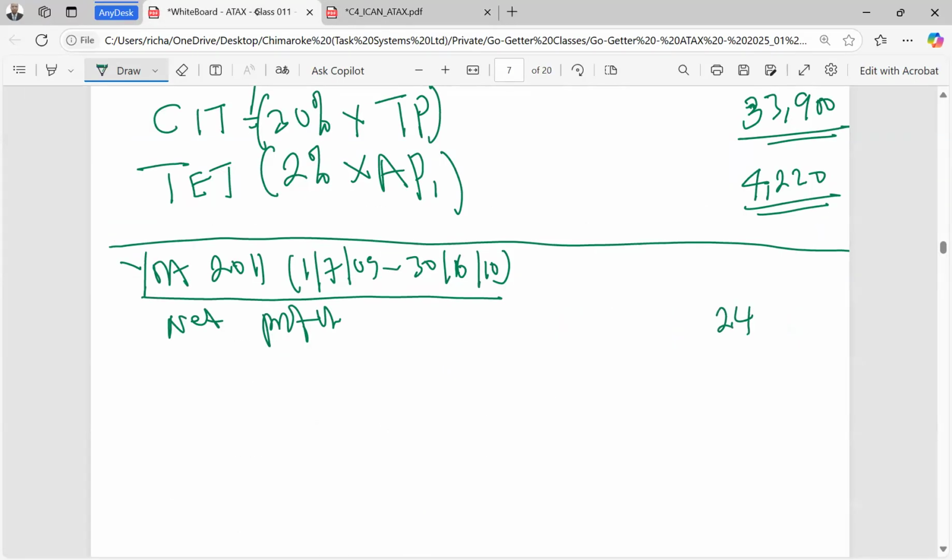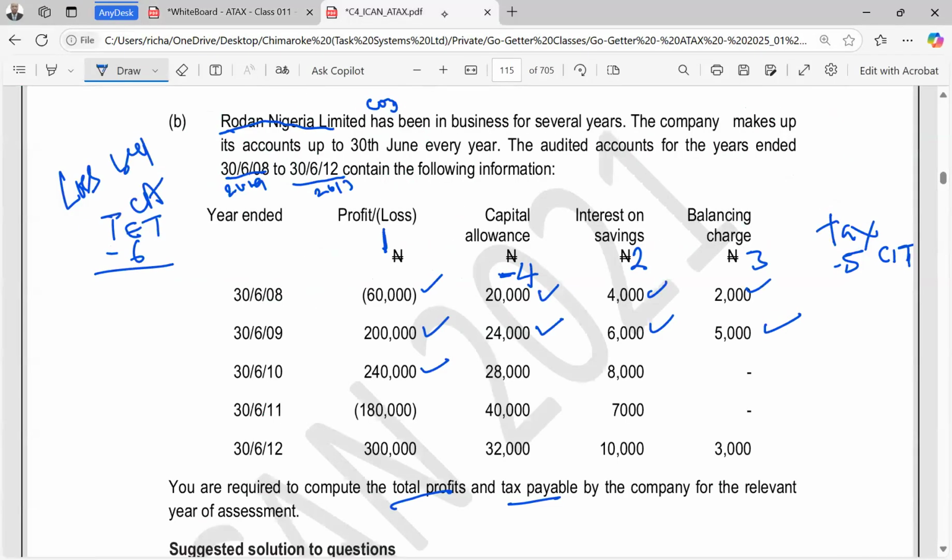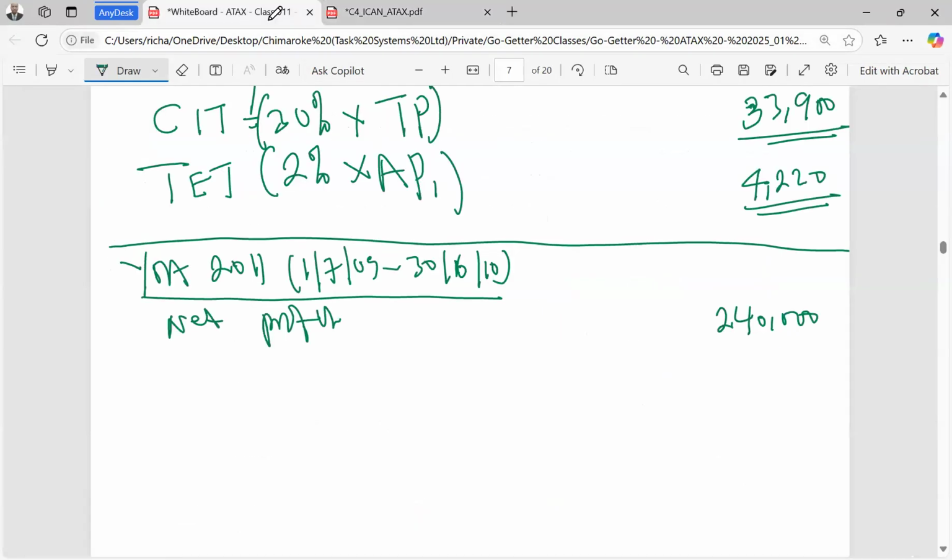The next thing here is interest on savings, 8,000. There was no balancing charge. So this is 248,000. Now, capital allowance, there was no capital allowance brought forward. So this is your accessible profit.